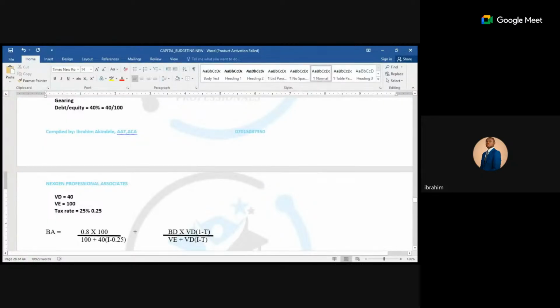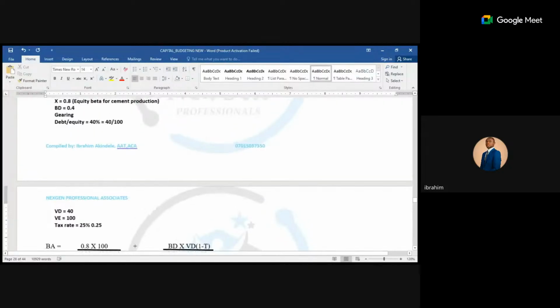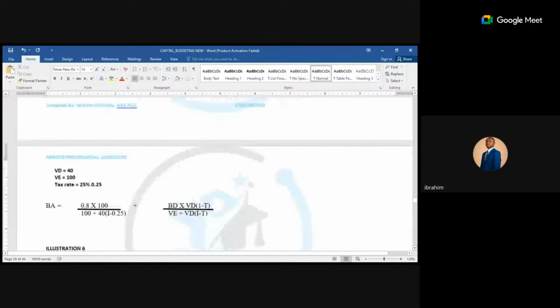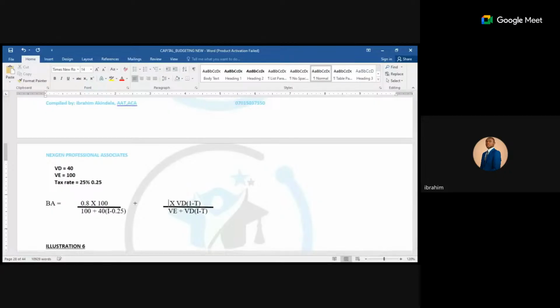What is the beta debt? 0.4. You can see that in this question, the beta debt is given as 0.4. The value of debt is 40.